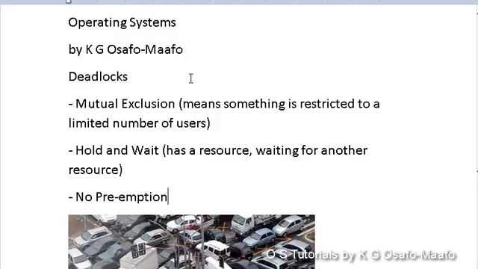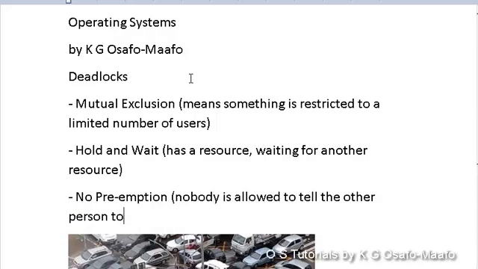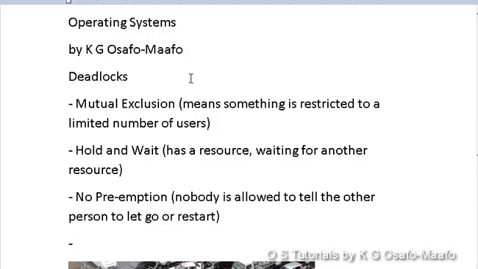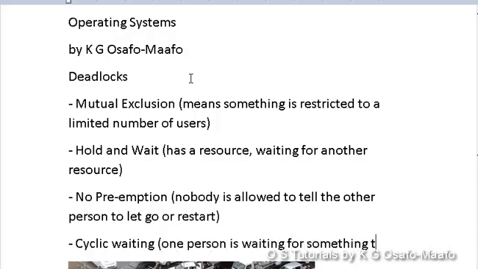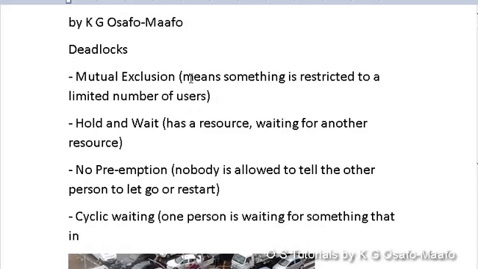No preemption means nobody is allowed to tell the other person to let go or restart. And the last thing is cyclic waiting. That means one person is waiting for something that, in some cyclic way, everybody else is waiting for.